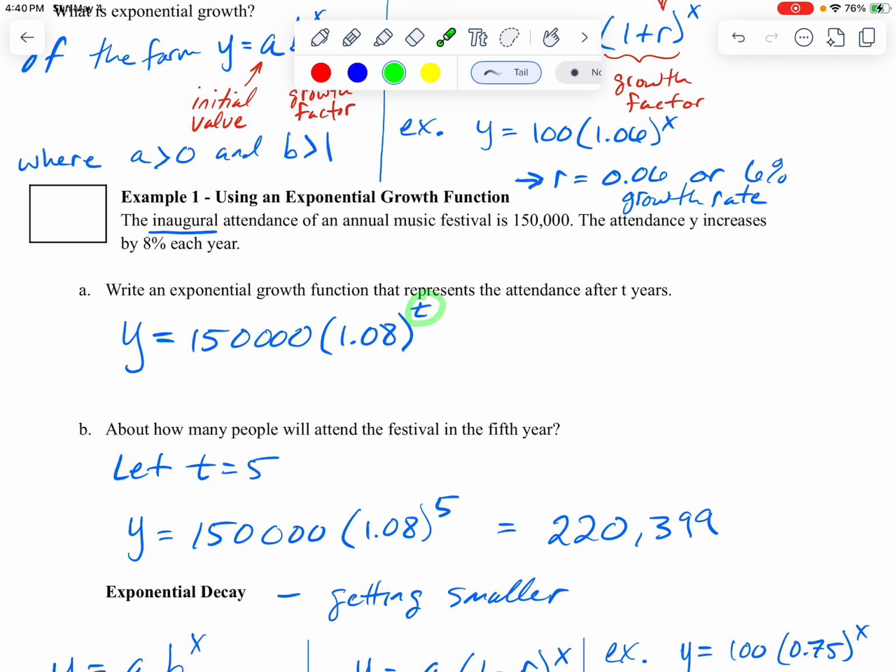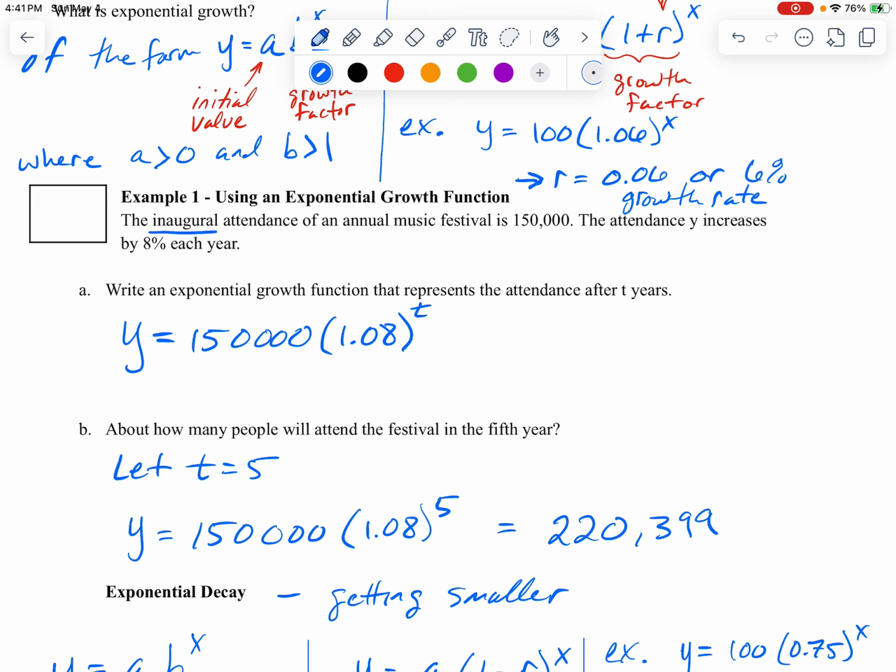to the t, because it asks for attendance after t years. And a lot of times in these equations you're going to see that variable as a t, because we're talking about some form of time. And this makes sense because if we talk about year 1, okay, so year 0 is 150,000.